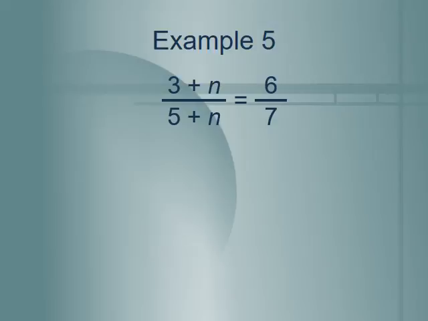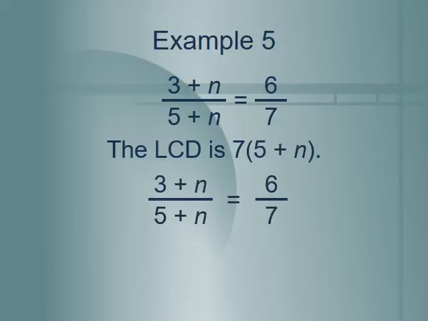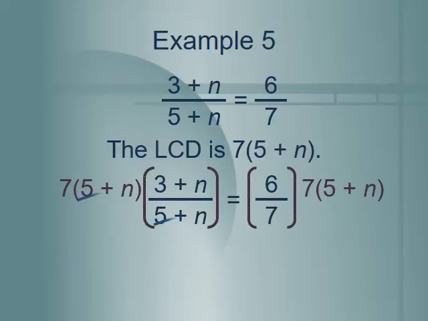Okay, so we have 3 plus n over 5 plus n equals 6 over 7. Our common denominator is going to be 7 times 5 plus n. And when we multiply those out, we can go ahead and do some reduction.